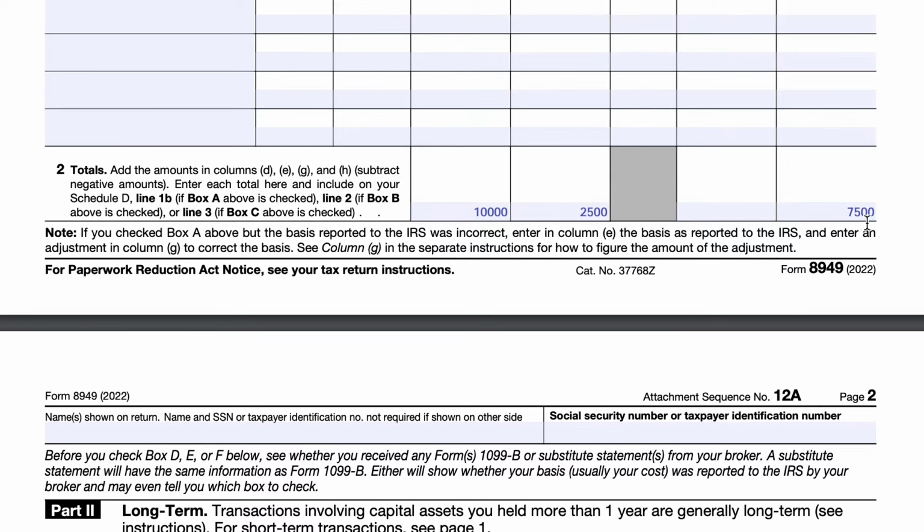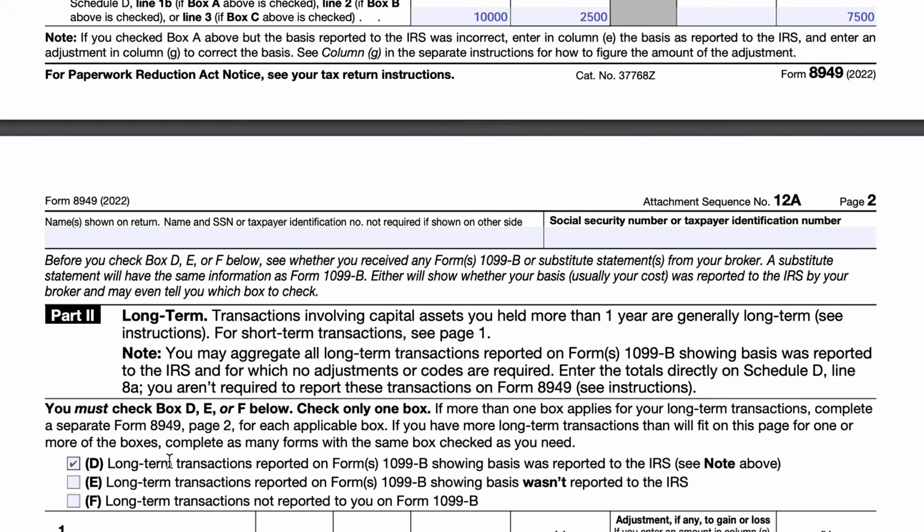So once you have all of your transactions on all of your forms 8949, and let's imagine that you ended up having to complete, you could complete 6 forms per person, or even more if you just had that many more transactions.